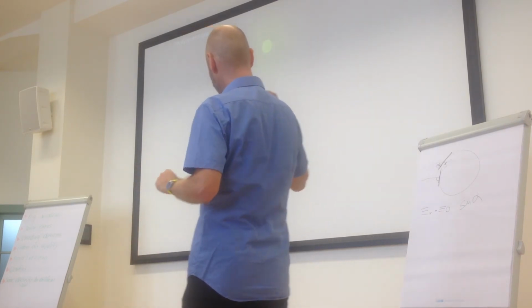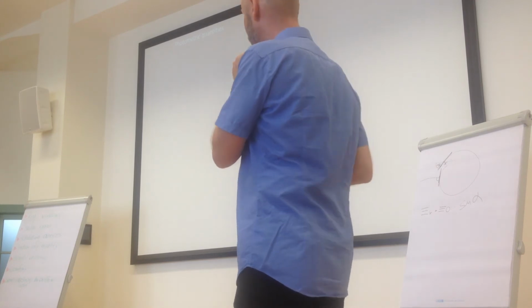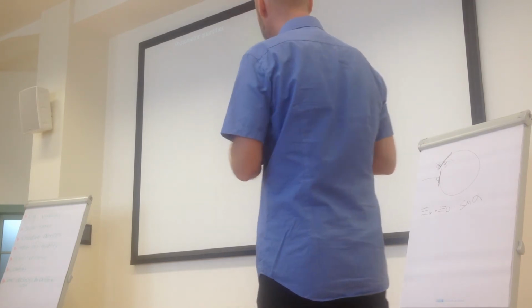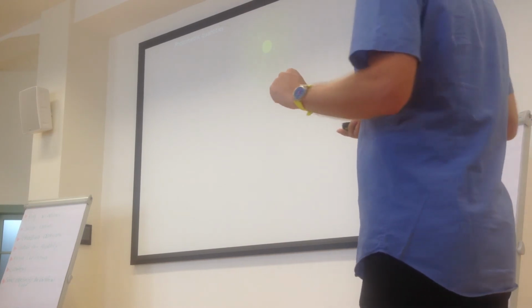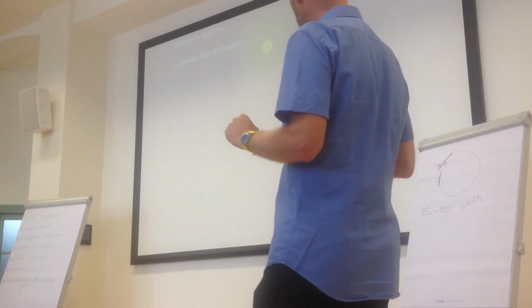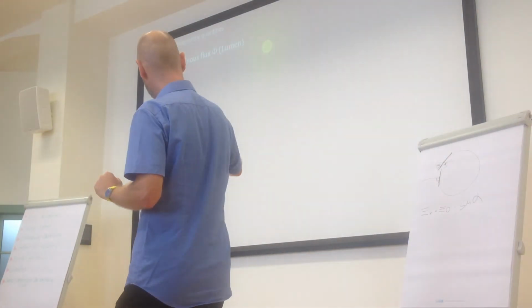Now we come to at least two photometric quantities that have to be mentioned. The first is the so-called luminous flux, or lumen.